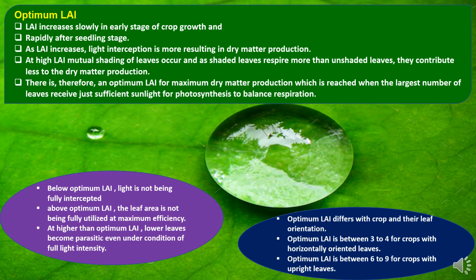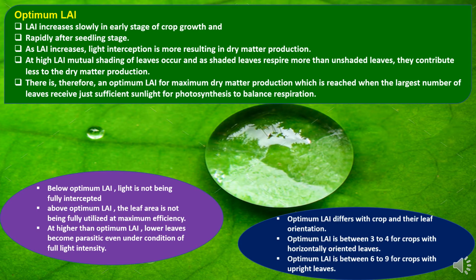However, at high leaf area index, mutual shading of leaves occurs, and as shaded leaves respire more than unshaded leaves, they contribute less to the dry matter production. There is therefore an optimum leaf area index for maximum dry matter production, which is reached when the largest number of leaves receive just sufficient sunlight for photosynthesis to balance respiration.